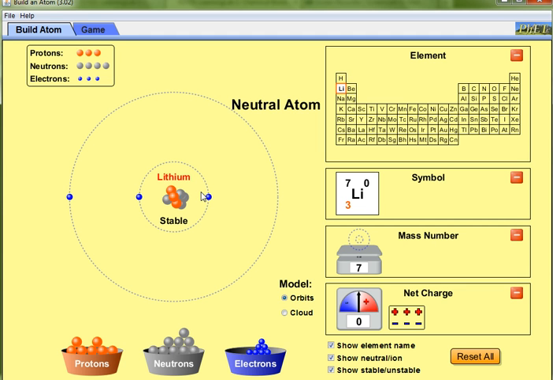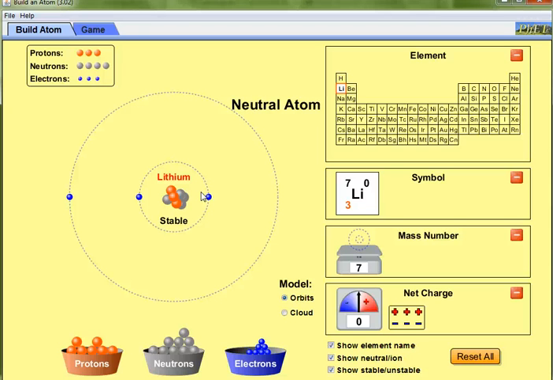Before lithium, all the other elements have an equal number of protons and neutrons, except hydrogen. Hydrogen does not have a neutron. But other than that, all the other elements have equal numbers.